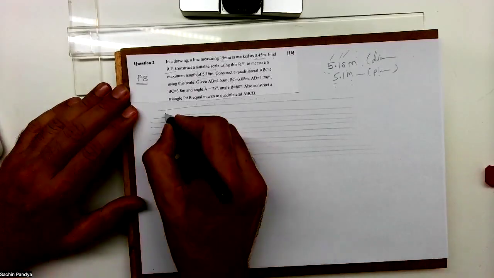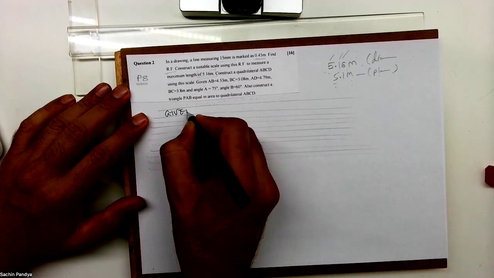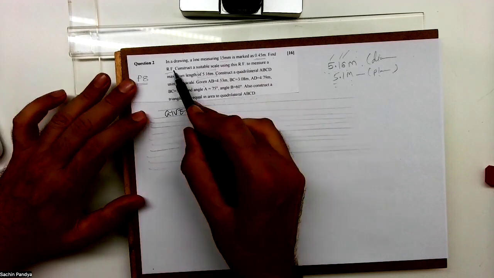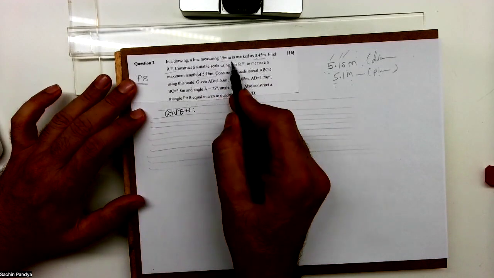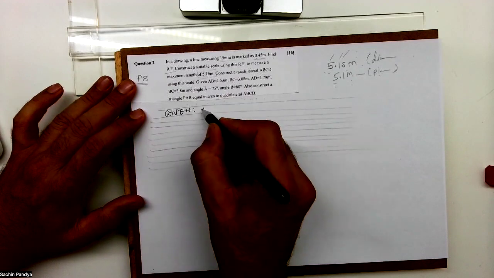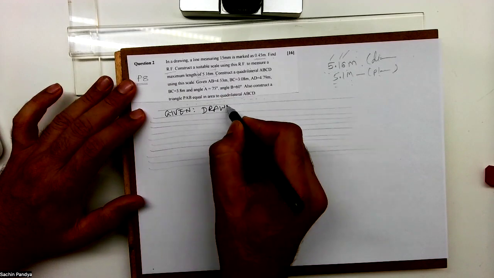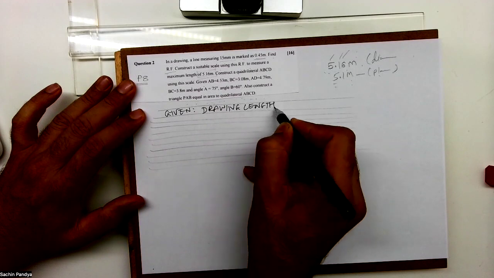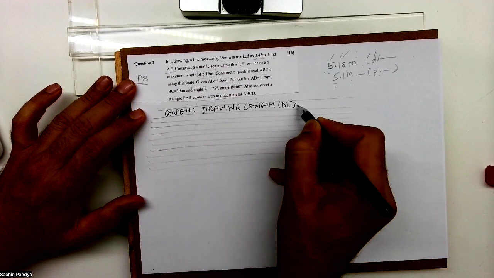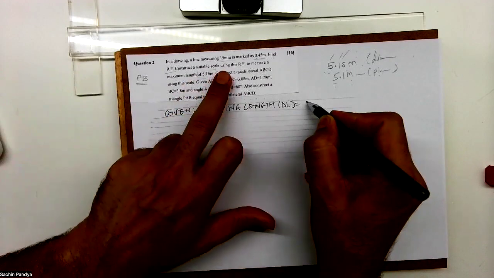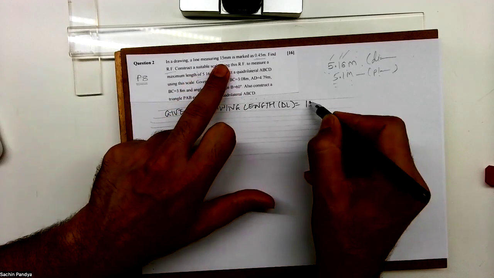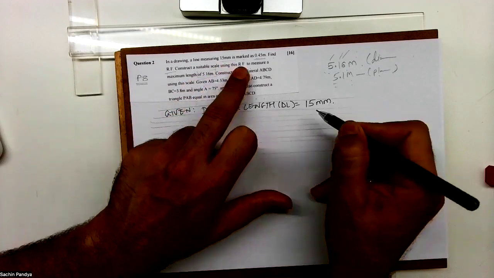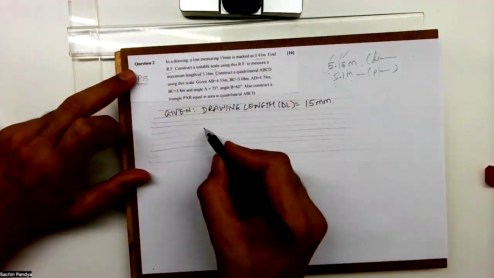Right? So we'll write given. What is given? 15 millimeter is marked as 0.45. So the drawing length is 15 millimeter, marked as 0.45.